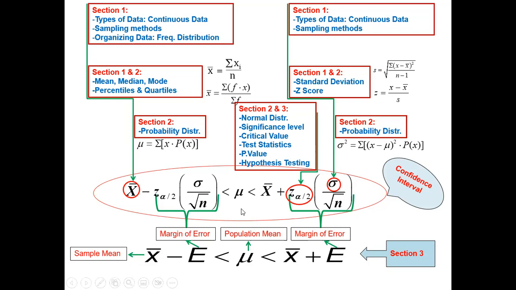What is not included in this slide is section 4. Section 4 has 3 additional topics. We call them additional topics because they are not part of the foundational introductory statistics course. If you take another statistics course after this, you'll delve in more detail into those 3 new topics: linear regression and correlation, chi-square, and one-way ANOVA.